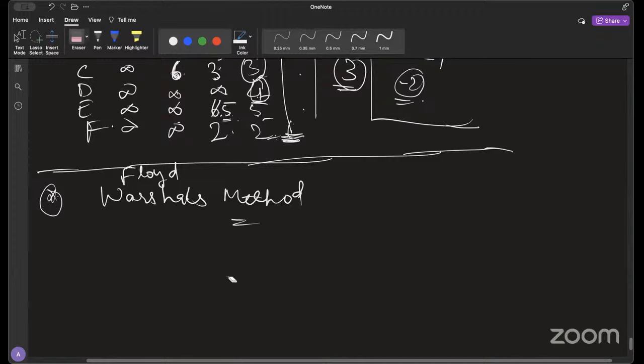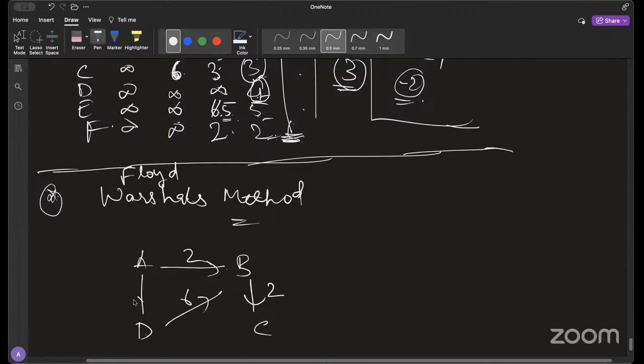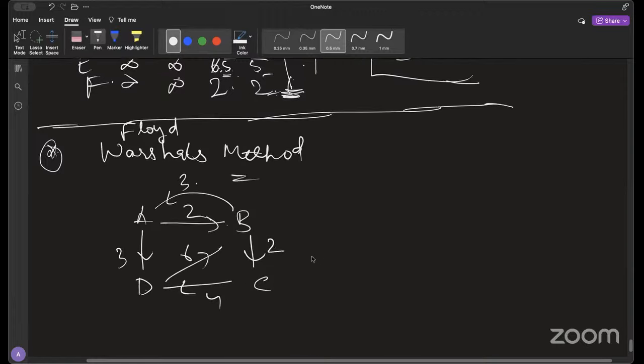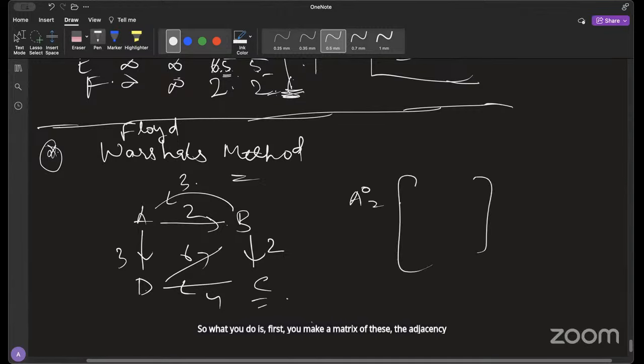Just name them A, B, C instead. Let's just say you have this graph. So what you do is first you make the adjacency matrix for this.